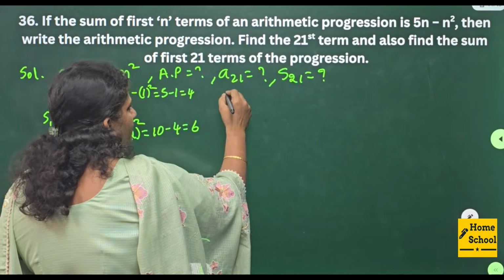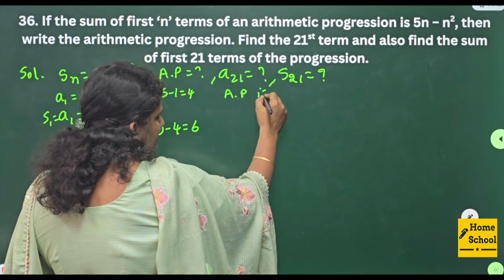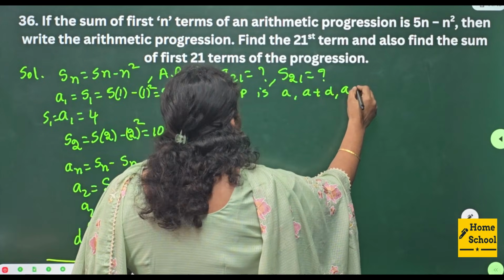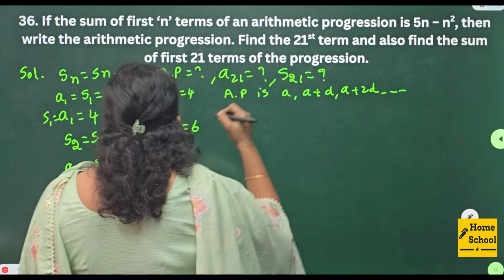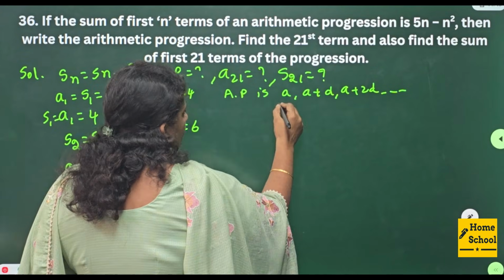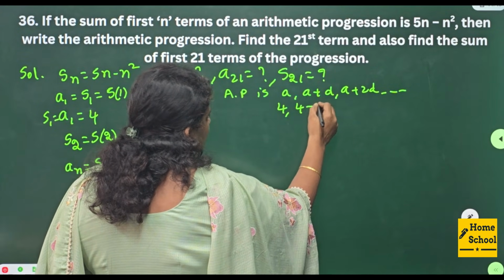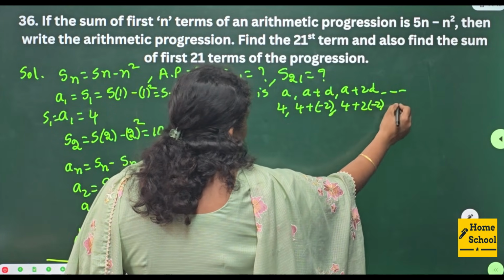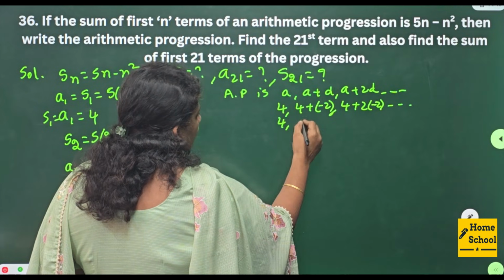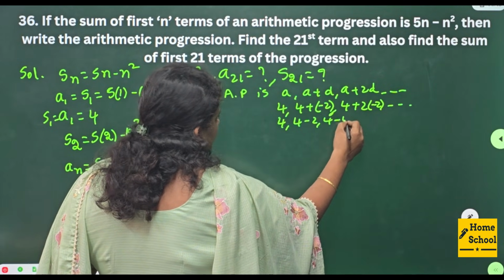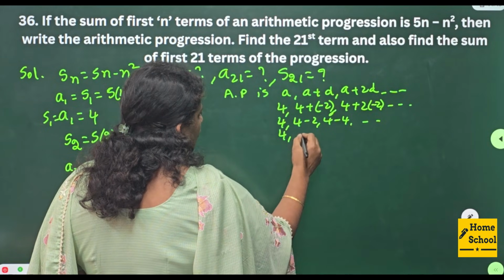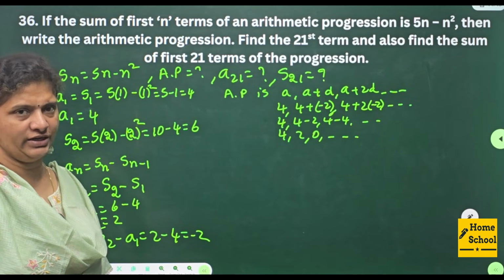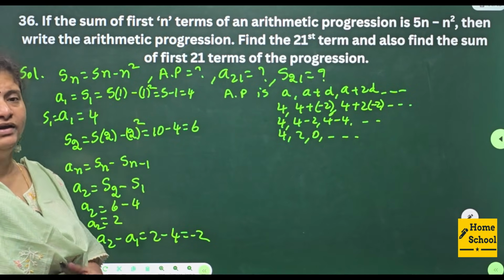Now the arithmetic progression is A, A plus D, A plus 2D, and so on. We know A value is 4, right? 4 plus D value, which is minus 2. 4 plus 2 into minus 2, and so on. 4 minus 2, 4 minus 4, and so on. That is 4, 2, 0, and so on is the arithmetic progression. Now what do we need? A21.